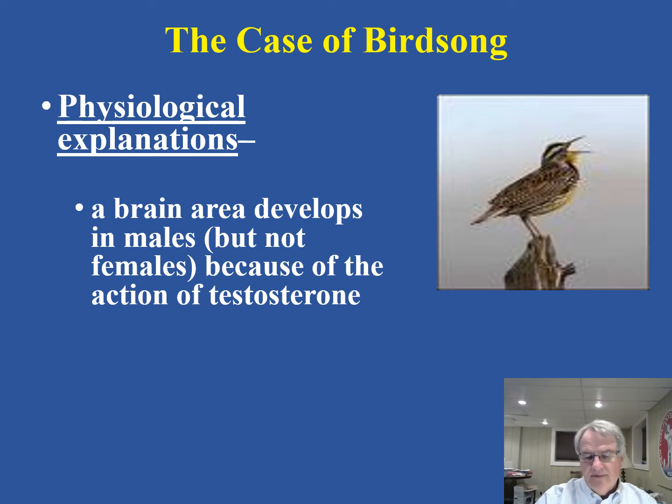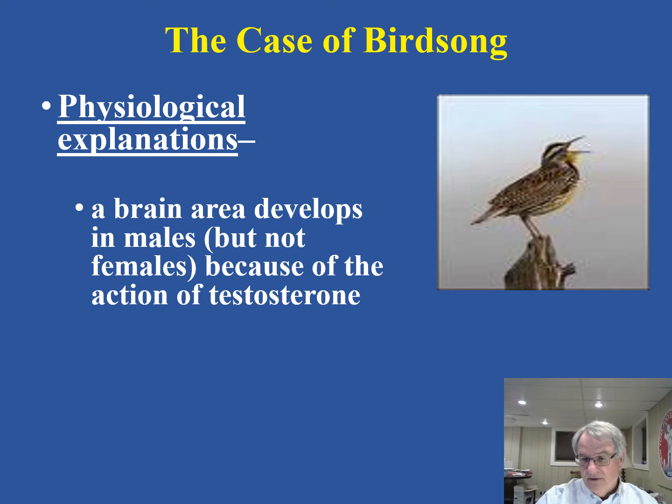Now, that's something that ordinarily you don't see in the case of females, because they don't have that hormone that you see in males. They don't have testosterone. So that brain area never really develops in the case of the female. We'll see later on when we get to reproductive behavior that you can cause development of that particular brain area that's involved in singing behavior.